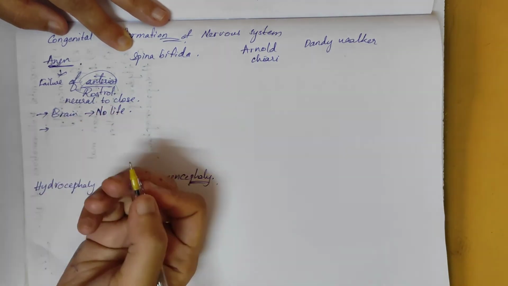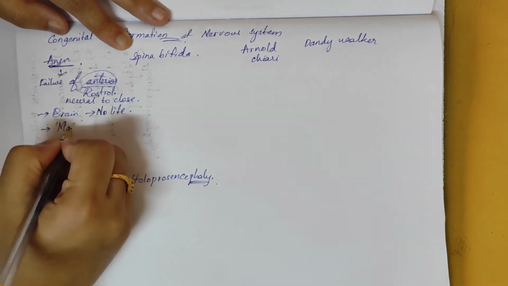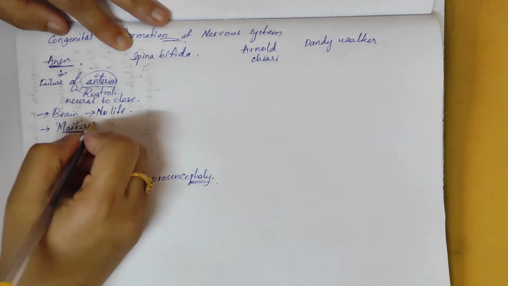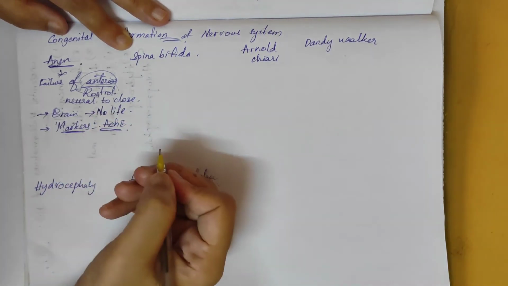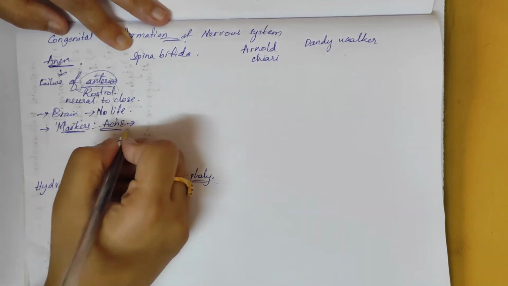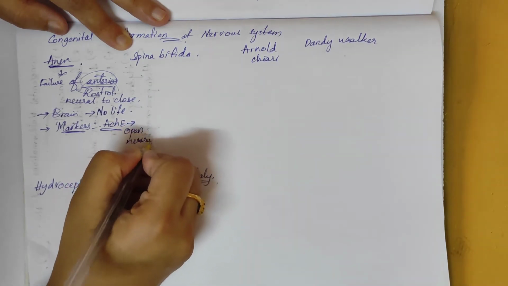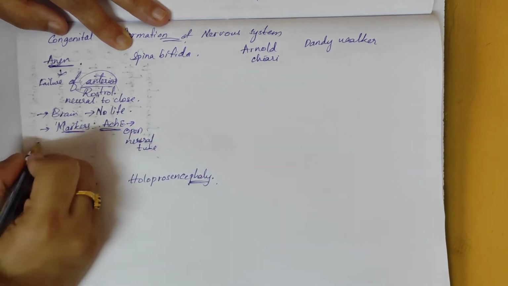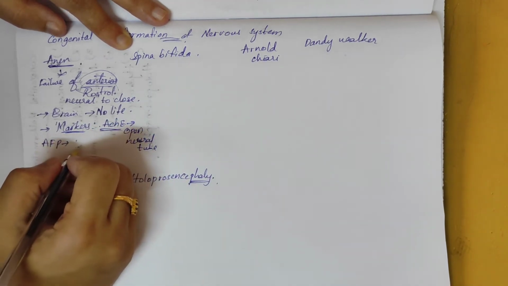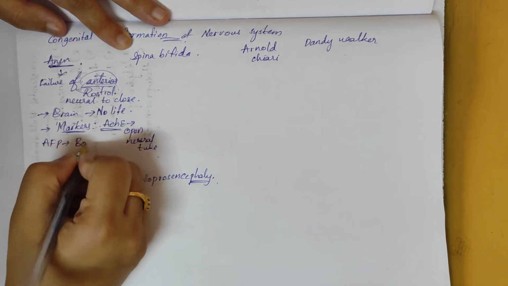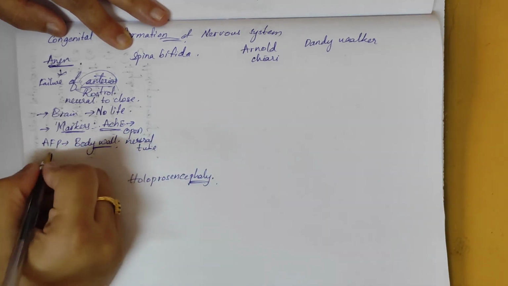The classic markers here are ACHE, acetylcholinesterase, which is related to open neural tube defects, and also AFP, alpha-fetoprotein, which is related to the body wall, and also polyhydramnios.